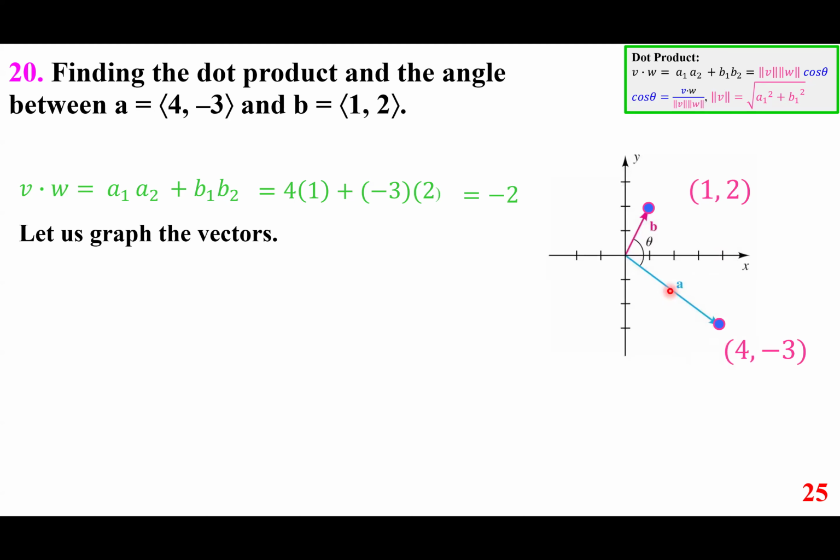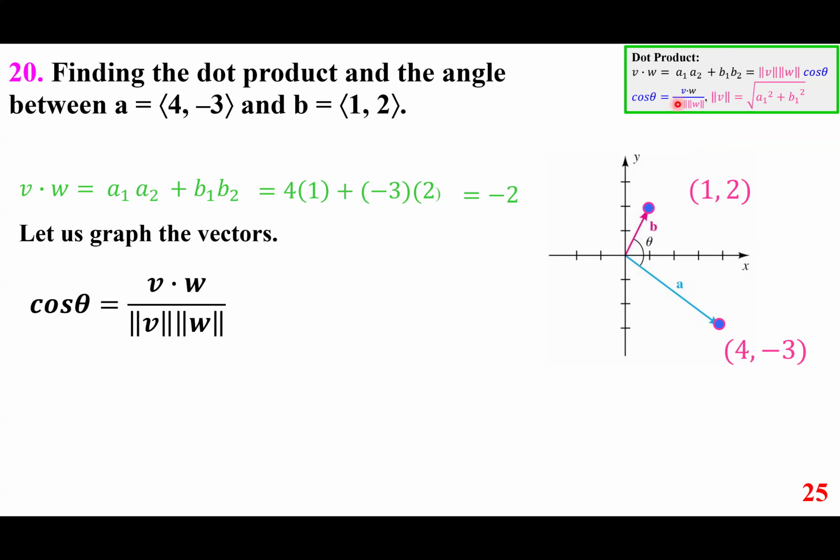This is the A, this is the B vector. Very straightforward. So we want to find this angle in between. That's what this second part is. They didn't ask us to graph, but it would be nice to graph and have a better idea. So we are going to go with this formula.